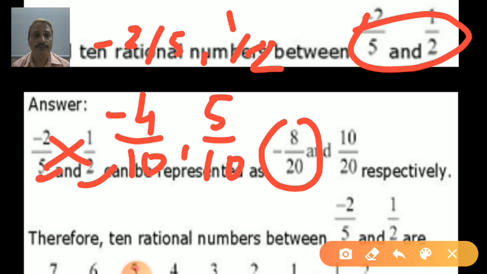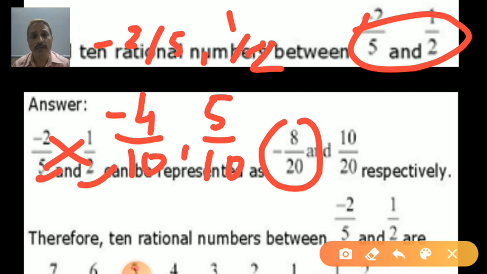Let's check. -3, -2, -1, 0, 1, 2, 3, 4, 5. Total 9 numbers are coming. And how many numbers we want? 20. Sorry, 10. So here your answer will not come.